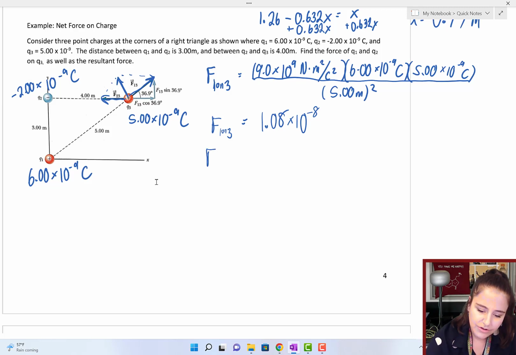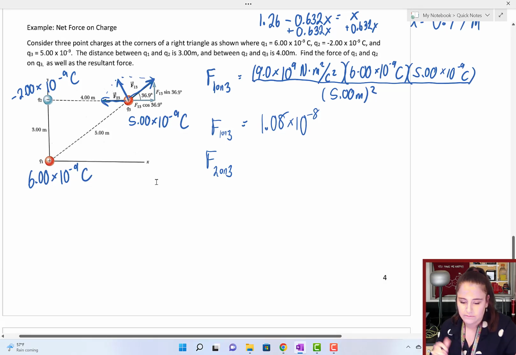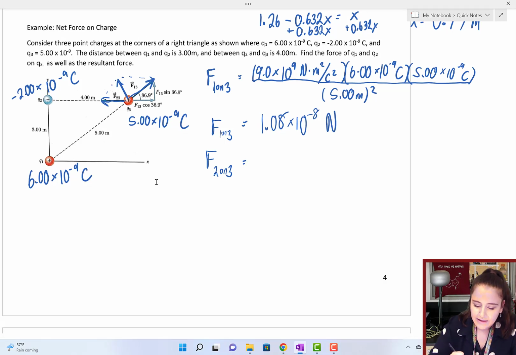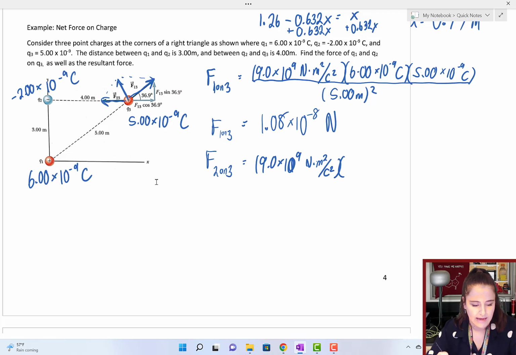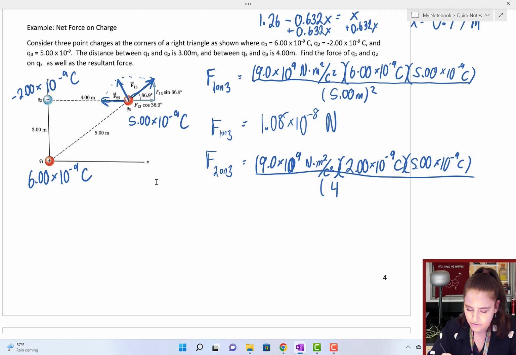And then let's do the force of 2 on 3. Newtons, which is 9 times 10 to the 9th times Q2. Again, I'm just going to use the absolute values here and then do the directions at the end because I think that's easier. Times 10 to the negative 9 coulombs divided by 4.00 meters squared.